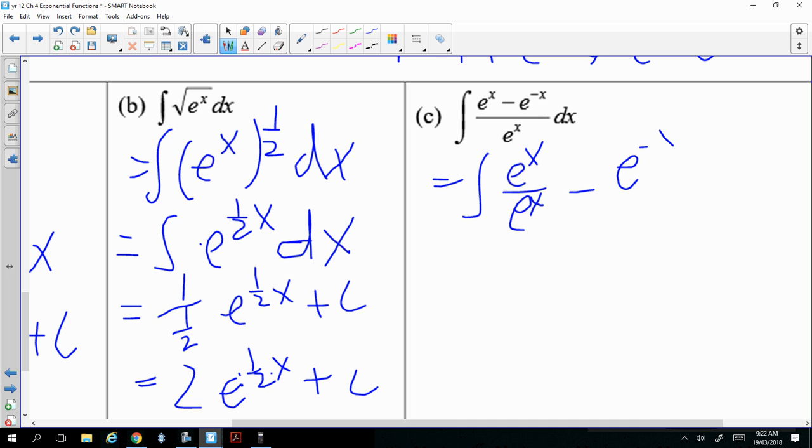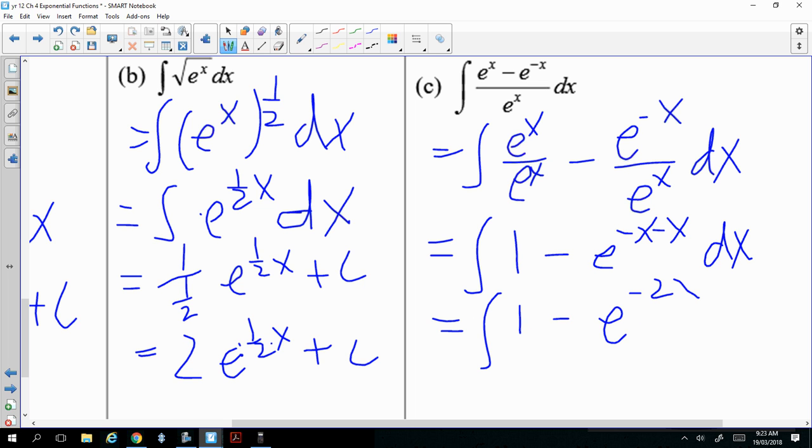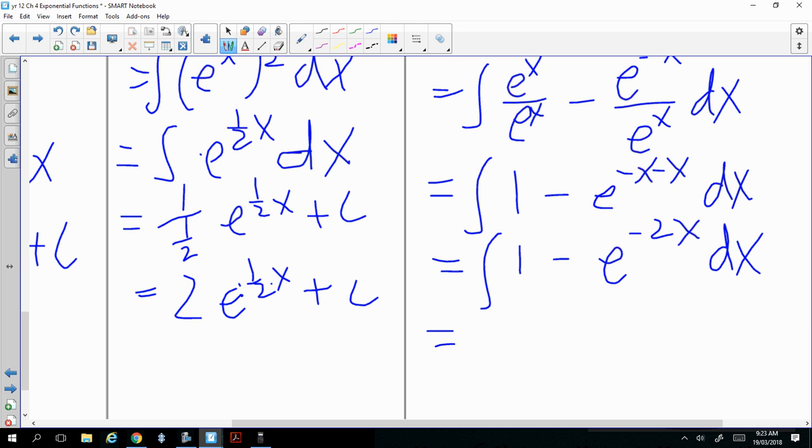And then you get 1 minus, and then use index law, e to the power negative x minus x dx. And then you do e to the power negative 2x. Then you find the primitive. Okay? Alright, so the primitive of 1 is x minus 1 over negative 2 e to the power negative 2x plus c. And then you simplify, double minus is plus, so you get plus half e to the power negative 2x.